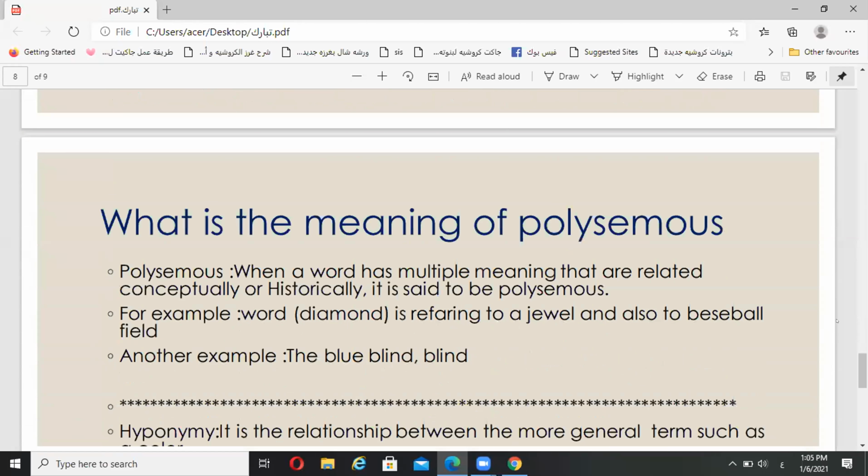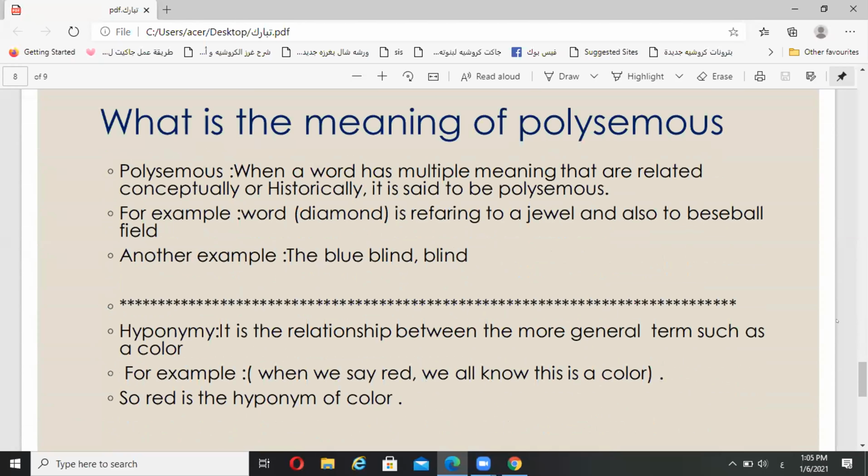Excellent. The last one is polysemous. When a word has multiple meanings that are related conceptually or historically, it is said to be polysemous. So, for example, we have the word diamond. We all know a diamond relates to a jewel, and also it is a baseball field. You can determine it from the sentences.